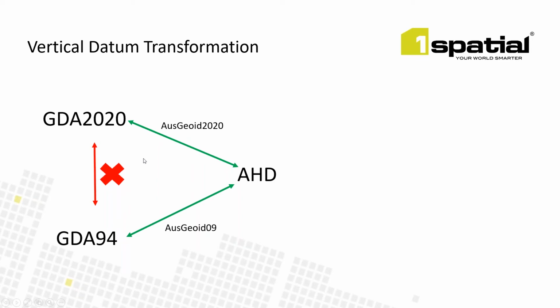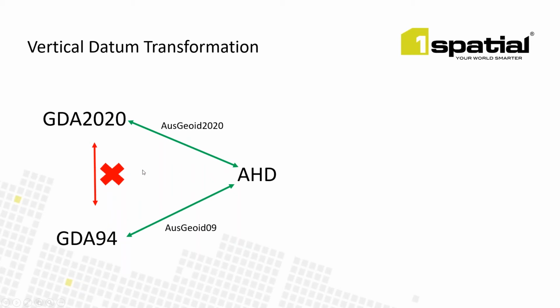However, there is no model to convert ellipsoidal height between GDA 2020 and GDA 94 directly. This seems confusing for many users, especially being able to convert horizontal coordinates between GDA94 and GDA2020 using transformation parameters or a grid. Sometimes users expect to convert ellipsoidal height between GDA94 and GDA2020 directly.